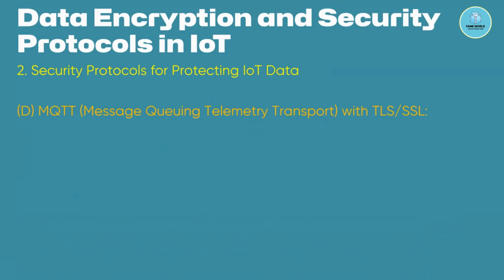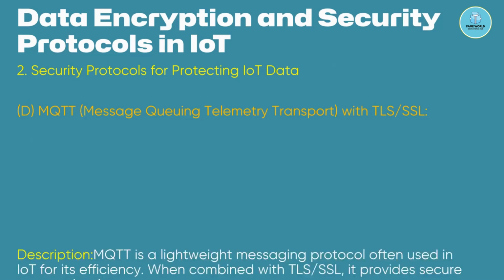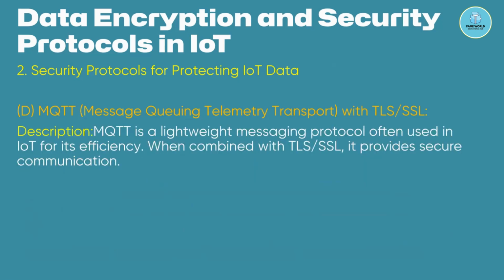Then the MQTT that we have already talked about, and in one project which we discussed, I used MQTT also. So, Message Queuing Telemetry Transport with TLS and SSL. MQTT is a lightweight messaging protocol. Actually, messaging does not mean a WhatsApp message or an offline message. It is the one which carries the data from one place to another. So it is a messaging protocol often used for IoT.